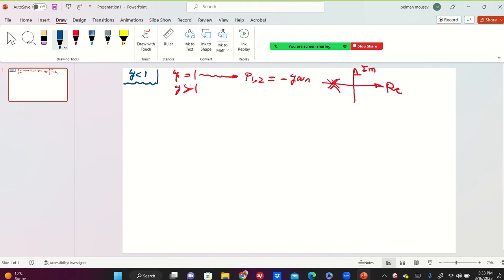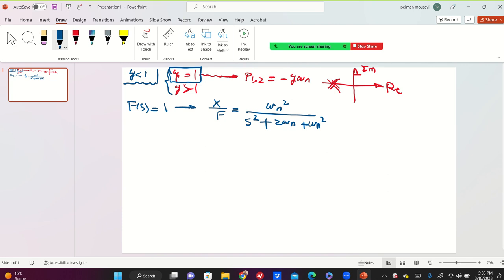Today, for both cases, I'm going to examine when the input to the system is 1. F of s equal to 1 means that you are dealing with an impulse input. Having that, you know that X over F is omega n squared over s squared plus 2 zeta omega n s plus omega n squared, and for critical damping zeta is 1. It's the closed loop transfer function.